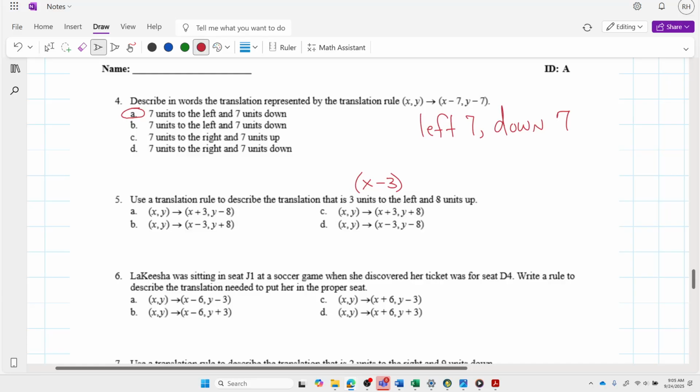And what's 8 units up? 8 units up, what do you do to the y? Y plus 8, right? All right, so for every x, y, we're going x minus 3 and y plus 8. So minus 3 and plus 8. Answer choice B again.